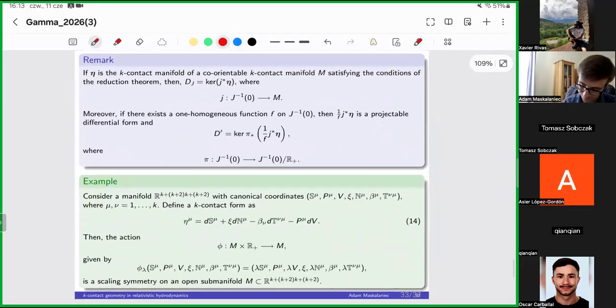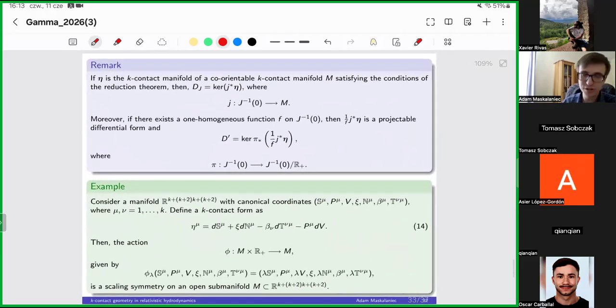So what is an important conclusion is that using this distributional characterization of the k-contact distributions, we may reduce a k-contact manifold defined by a global k-contact form to another k-contact manifold that may not admit a global k-contact form.